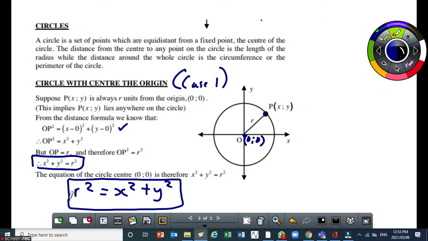Whereby this r here is the radius of the circle. So sometimes you may need to calculate the radius if it's not given. There are times when it may be given. So generally this is the equation of a circle with a center at the origin.